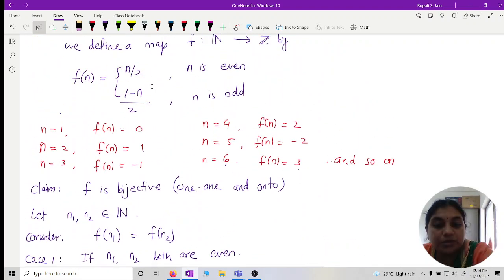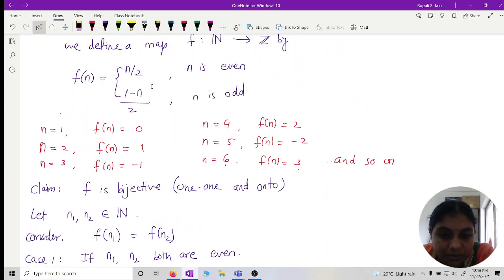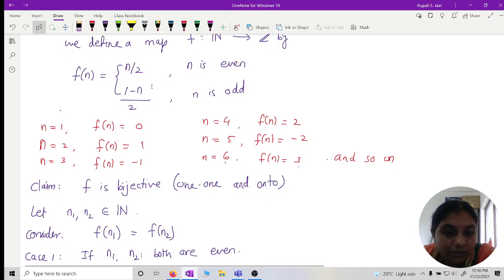Z is positive, then 2 times z will be that natural number.